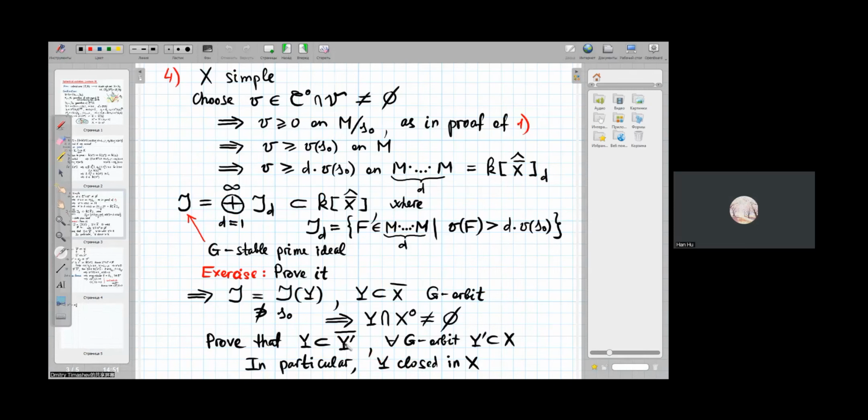But this smaller orbit cannot contain Y in its closure, because it is of smaller dimension. And if Y is not unique, then there would exist another closed orbit Y prime. But this Y prime could not contain Y in its closure because Y prime is already closed.